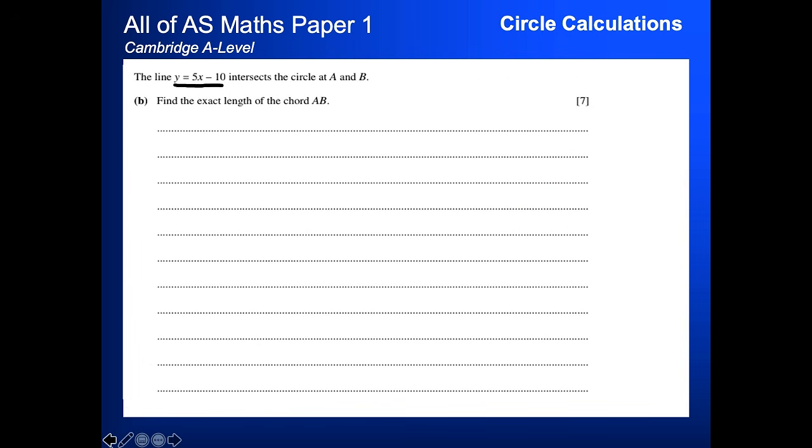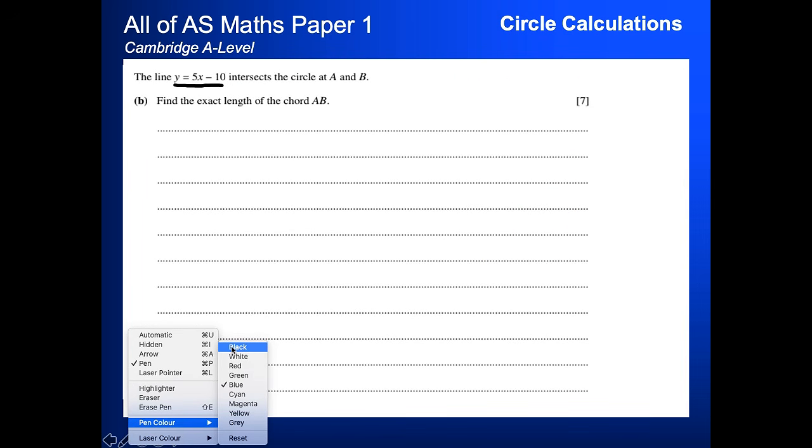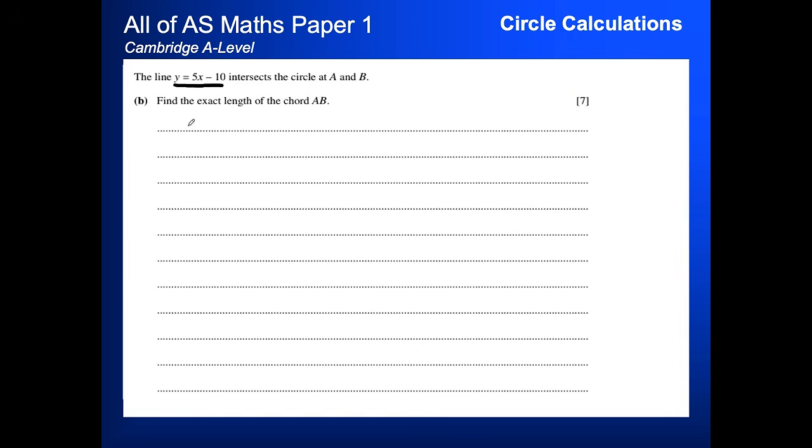Let's get back into the practice. So first of all, I'm going to write down the equation of the circle. So x minus 5 all squared plus y minus 2 all squared is equal to 13. And we want this to intersect, so the y values are going to be the same.